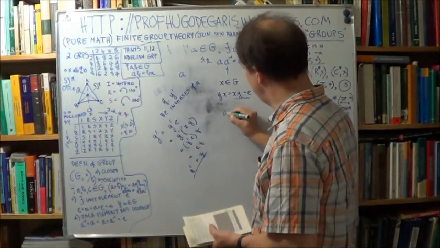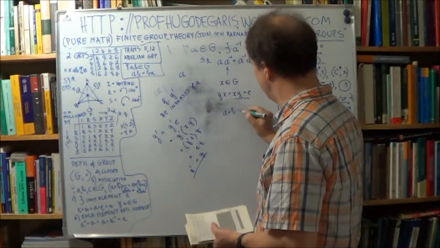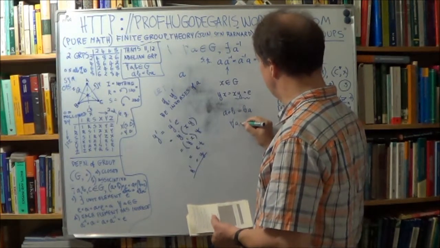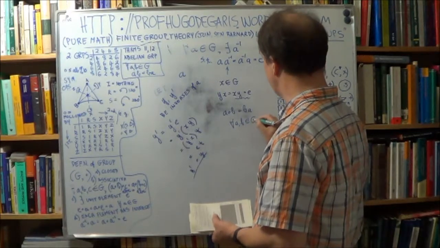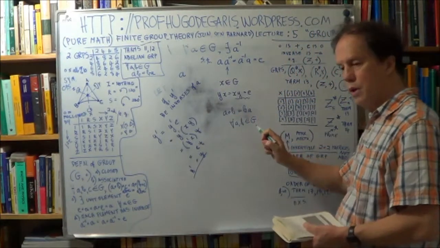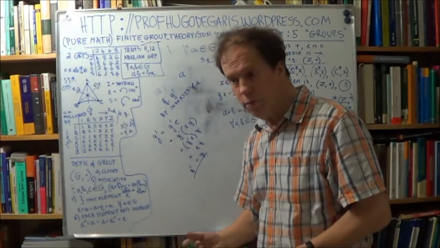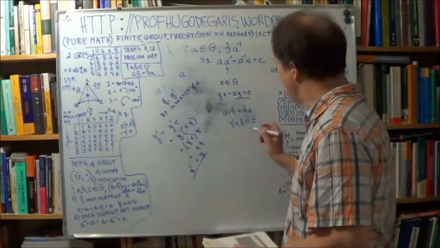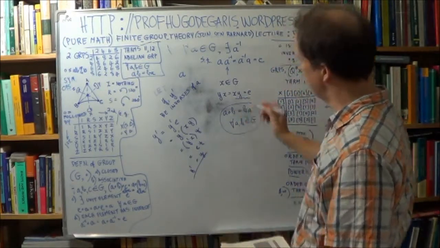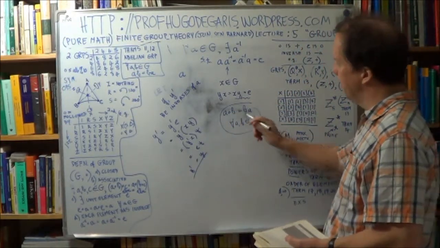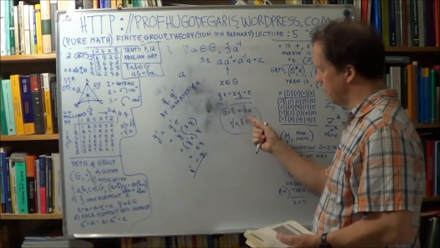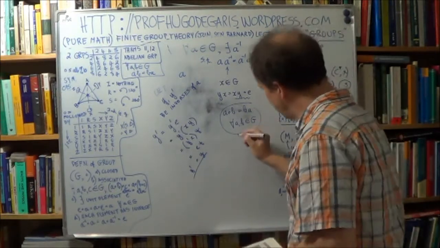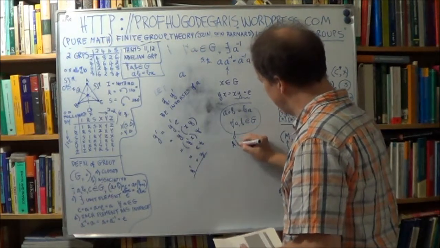So if AB, or A circle B, is BA for every pair belonging to the group, if that's true, and in many cases it's not true, but there are special groups that do have this property. If the group does have that property, so for every possible pair, you can reverse the order and they're equal, so AB equals BA. If that's true, the group is said to be abelian.